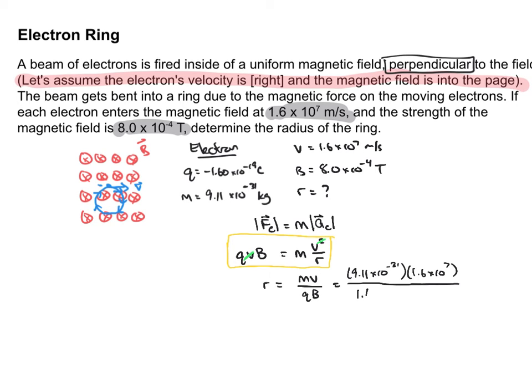So I'll just put positive 1.6 times 10 to the negative 19. In the magnetic field, okay, so let me calculate that out.